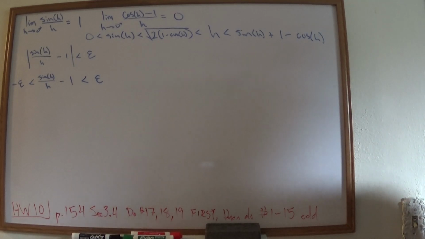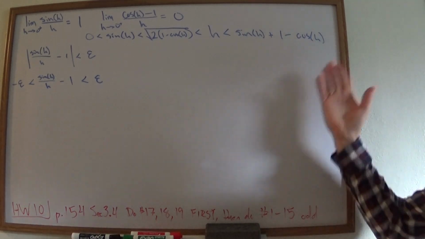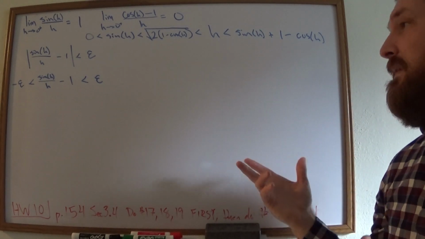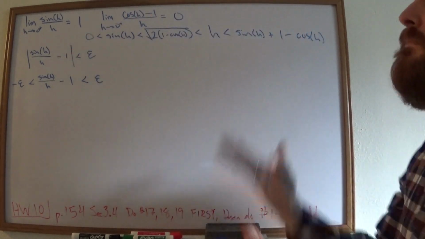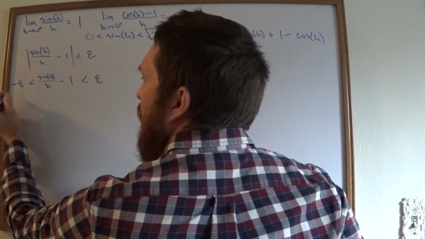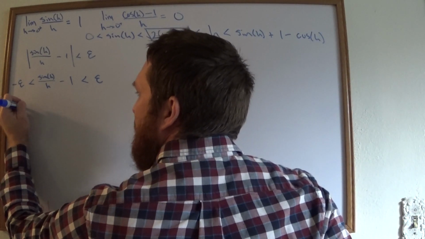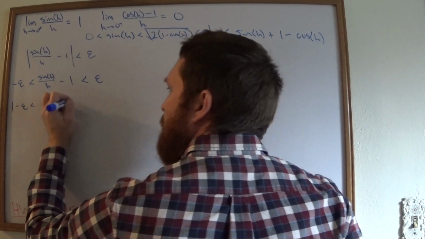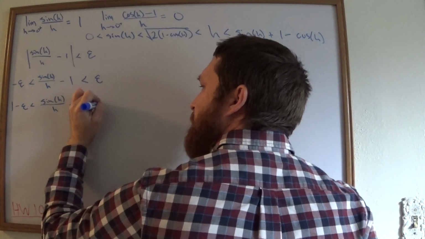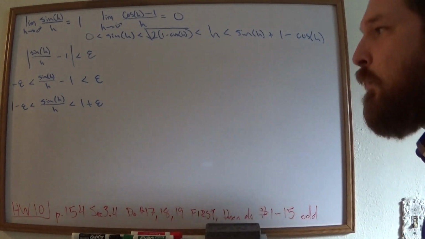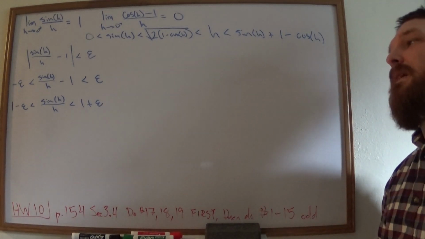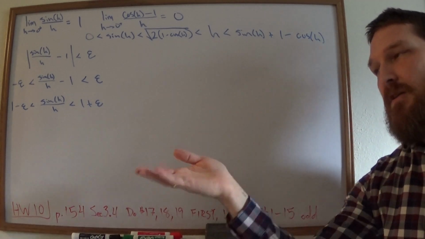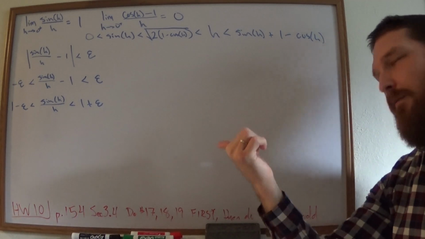So now, I don't know, I have a nice inequality that involves h's and sines. Maybe if I try to isolate them, I don't know. So I'll just add 1 here. I get 1 minus epsilon less than sine h over h less than 1 plus epsilon. Everybody with me on that? Yeah. Here's the great thing: because I chose a positive value for h, I'm going to multiply through by h, and I don't have to worry about flipping anything around, right?